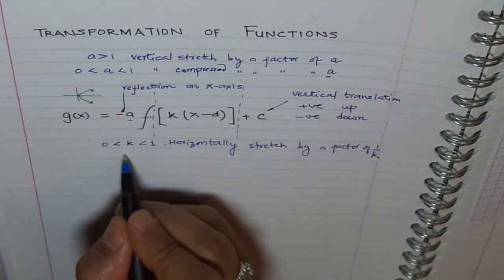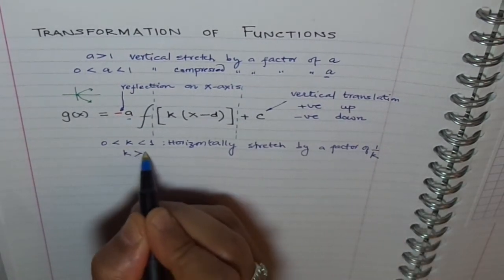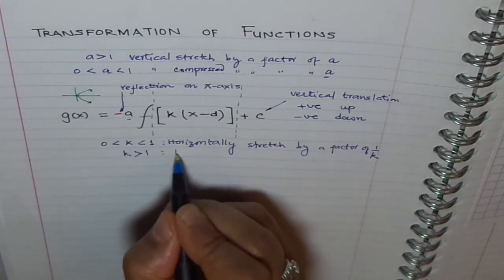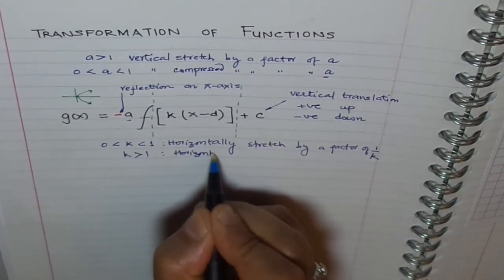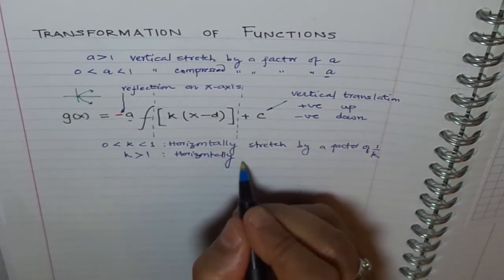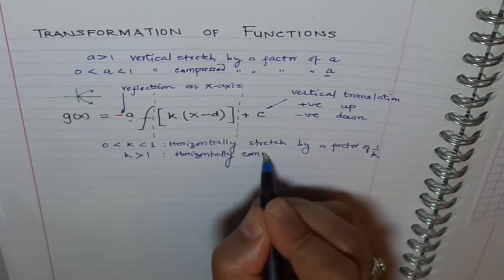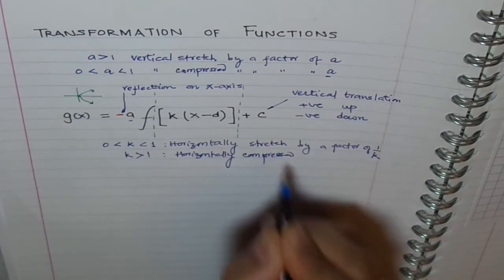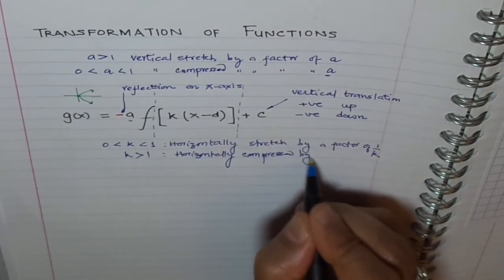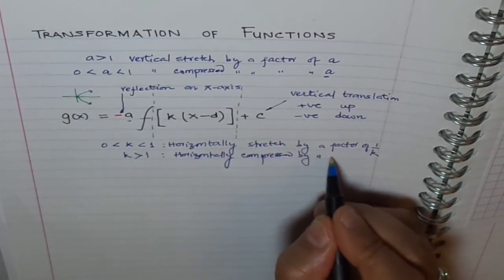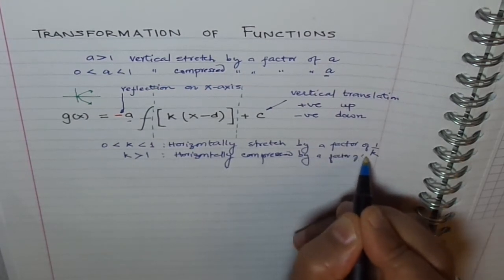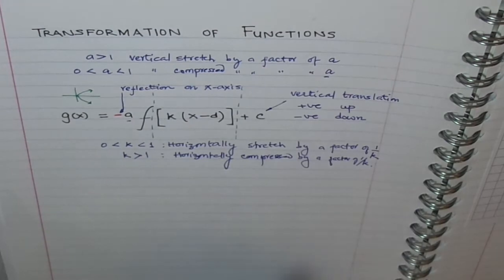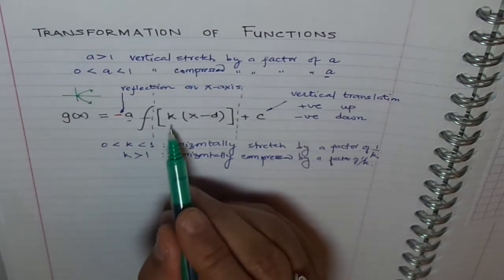But if k is greater than 1, in that case it is horizontally compressed by a factor of 1 over k. Now we are assuming all these positive values.